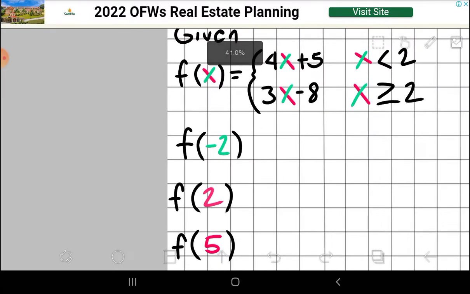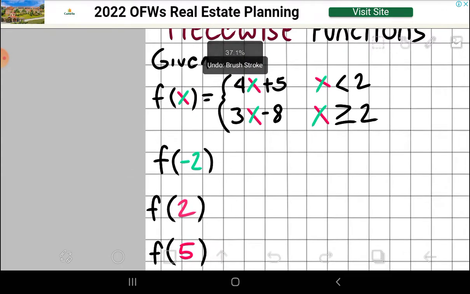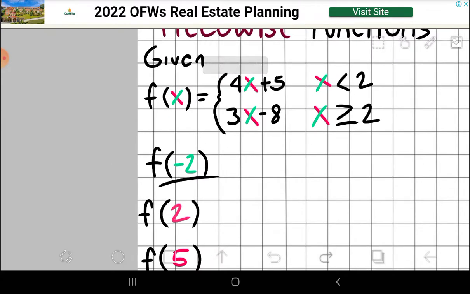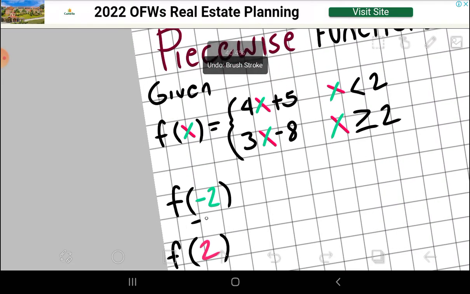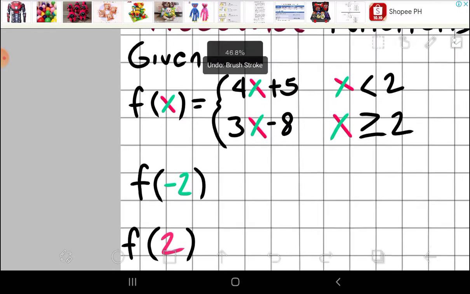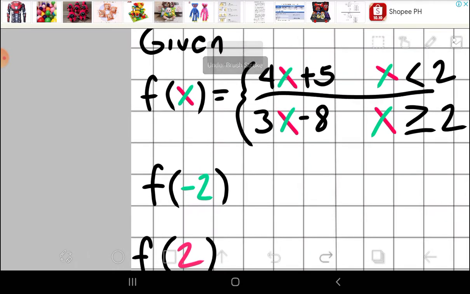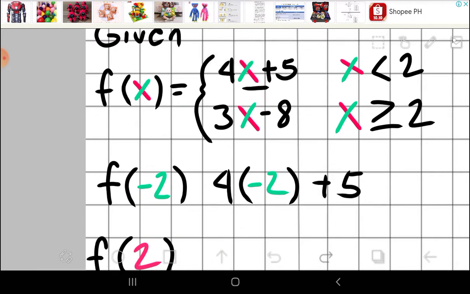So example, let's try to answer it. F of negative 2. Ibig sabihin lahat ng x may negative 2. So let's try this one first. Dahil negative 2 is less than positive 2, try natin tong equation niya. So 4, si x papalitan natin ng negative 2, may evaluate positive 5.